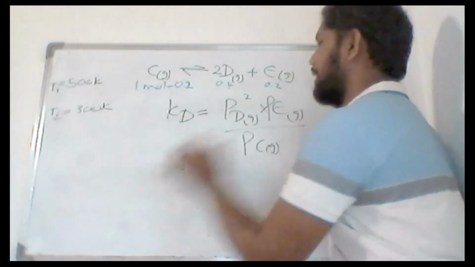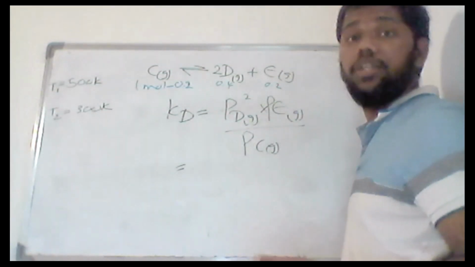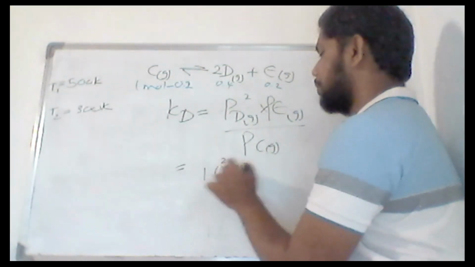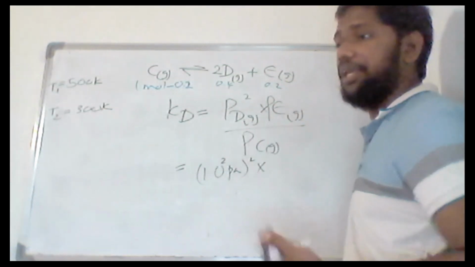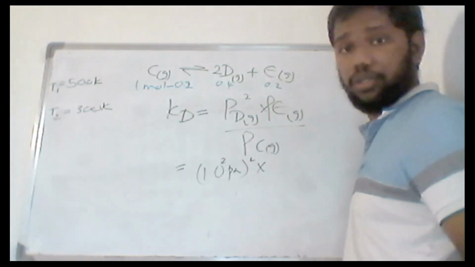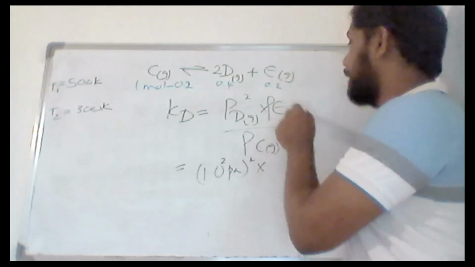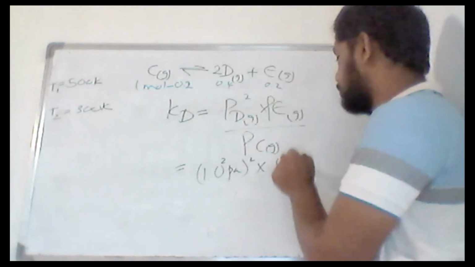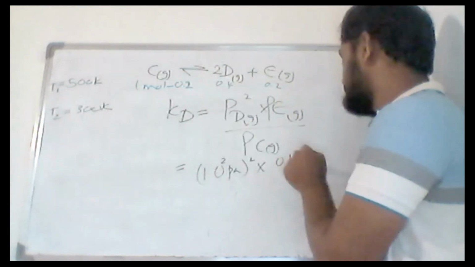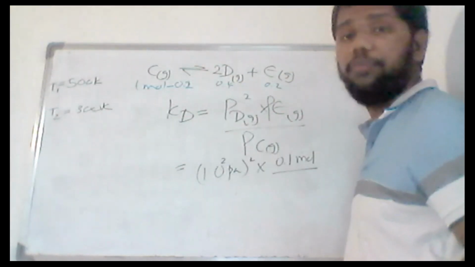Okay, so Pd gas we already know, it was 10 to the power 2. So 10 to the power 2 Pascal squared times Pe. So Pe, we don't know the total pressure. So Pe, you can use Dalton's law. So Pe will be 0.1 mole in the second equilibrium over the total number of moles, which we don't know.